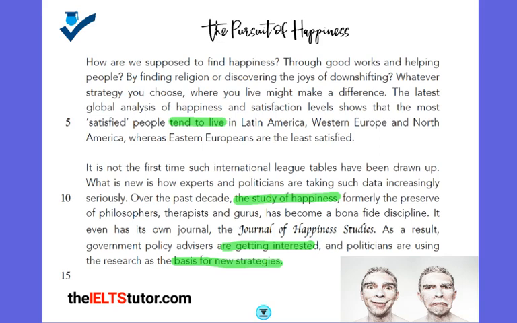So this is actually the correct page where you can find the answer. So 1 more minute. I'd like you to go through this page and try to find what group of people may be interested in the results of the study into happiness. Okay, 1 minute.